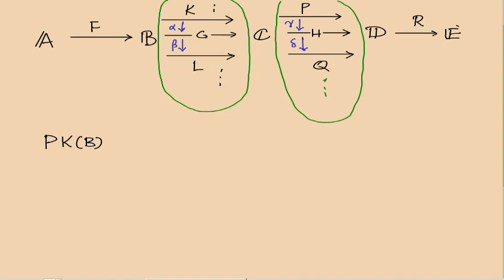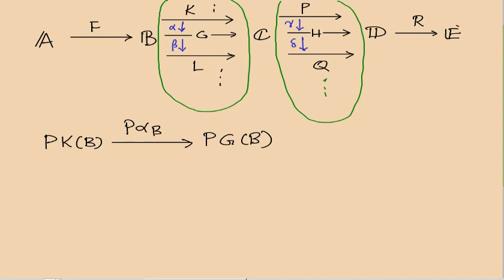And then I map it by P. KB to GB is alpha B, and I take its image under P. It's P of KB to P of GB, P of alpha B.